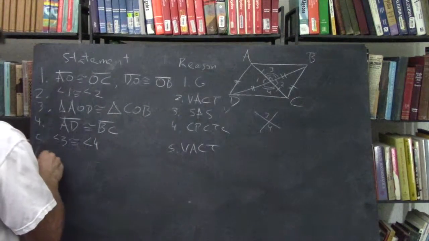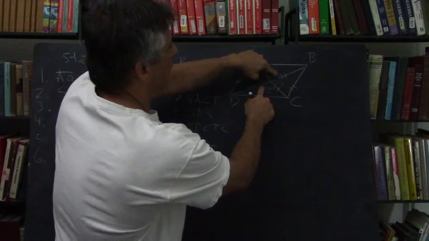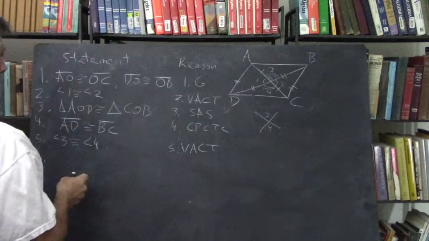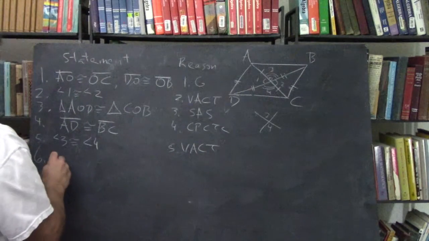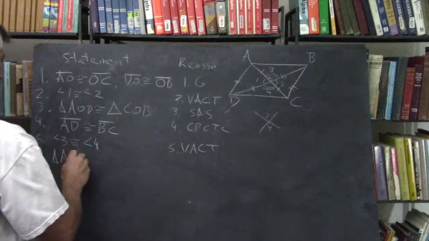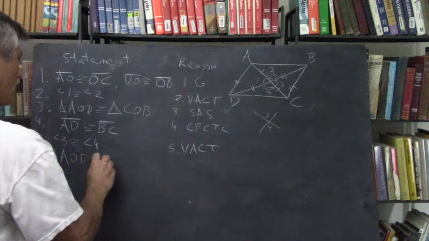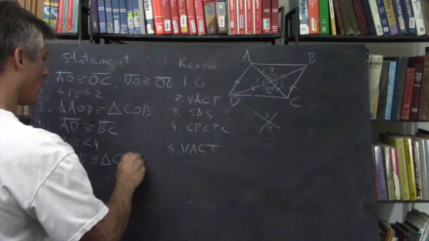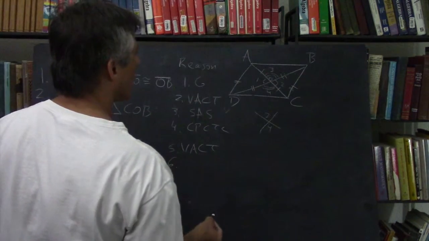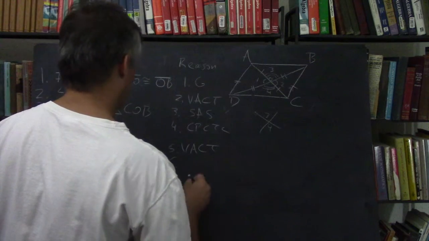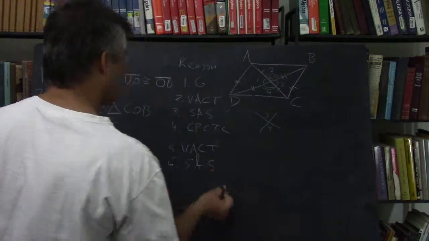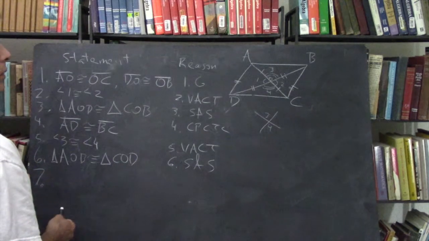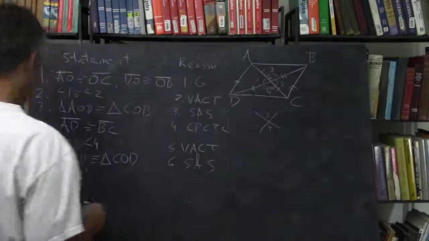And then by side, angle, side, this pair of sides, this pair of angles, this pair of sides, we know that triangle AOB is congruent to COD by the side angle side theorem again, and therefore AB and DC are congruent.